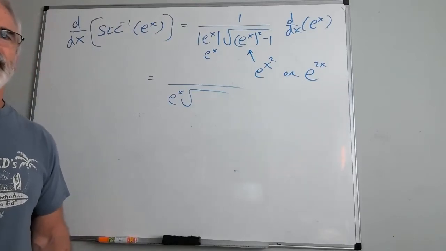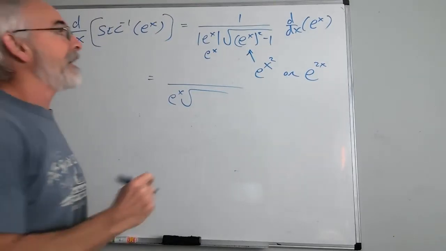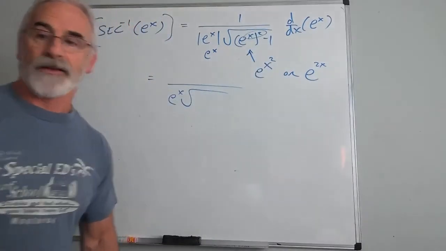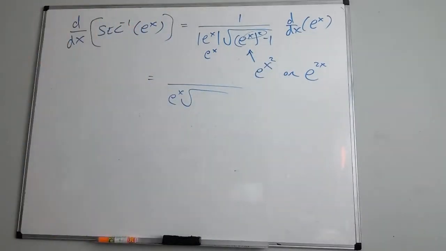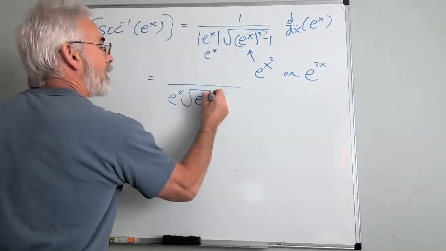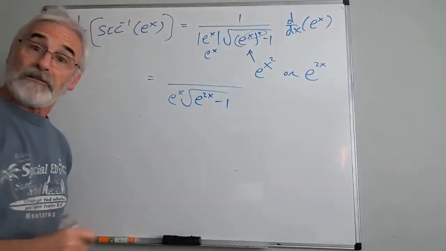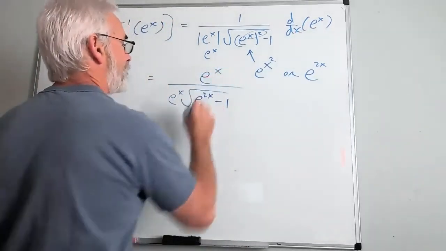What do you think? E to the 2x. Yeah, at this point you multiply exponents. Okay, let me hang that phone up. So this is going to be e to the 2x minus 1. Now, what's the derivative of e to the x? E to the x. All right.